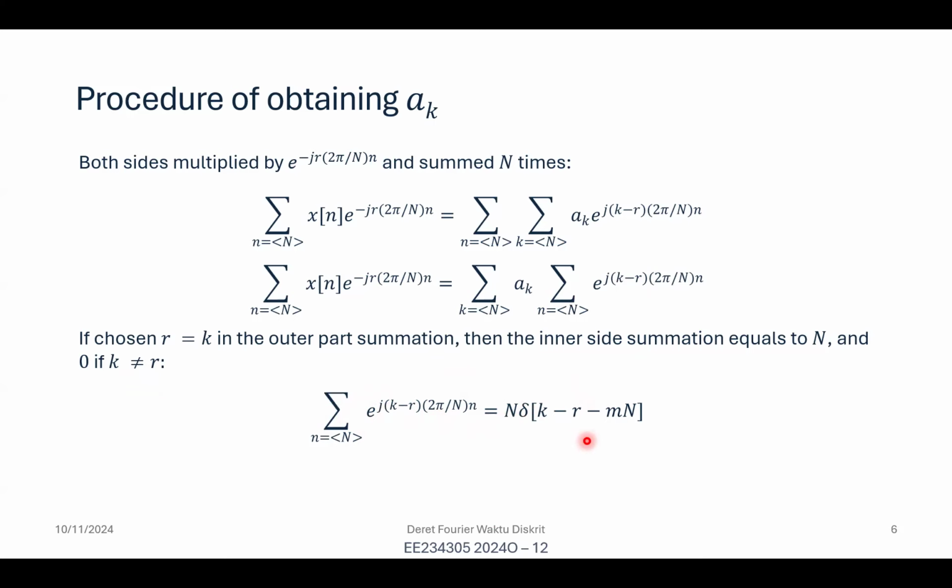This means that the value of the summation here is N if k equals r plus mN. In that case delta becomes 1 because the argument is 0, and this means that the summation becomes N.